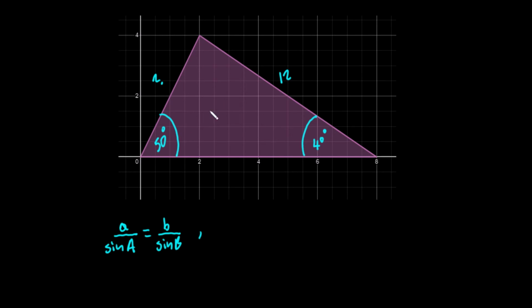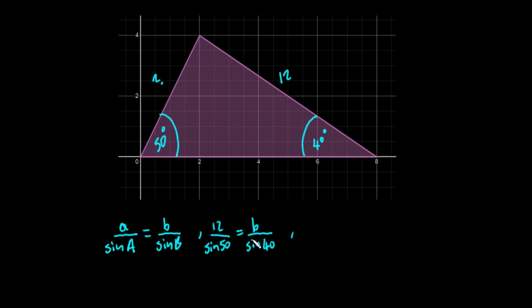So we're going to have the length a, which is going to be 12, divided by the sine of the angle A, which is the sine of 50. And it's going to equal the length b, which is what we're trying to find, divided by the sine of the angle B, which is sine of 40.